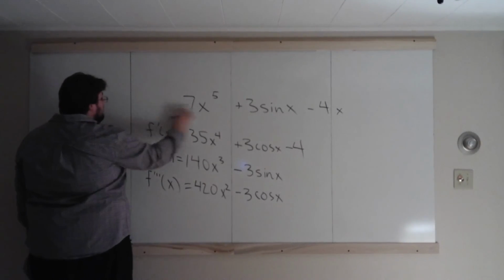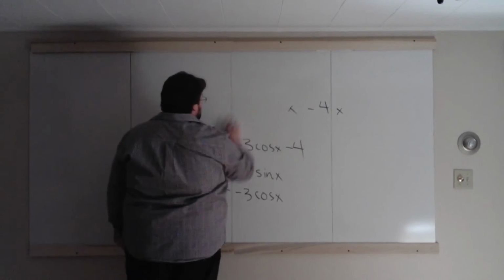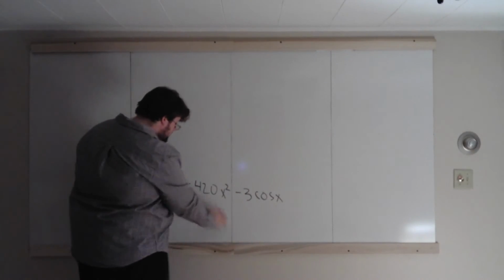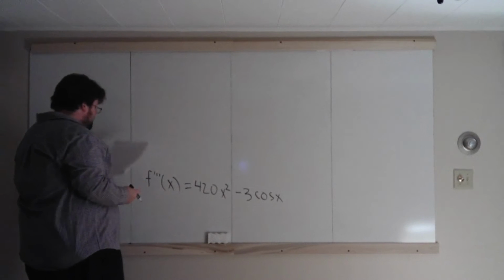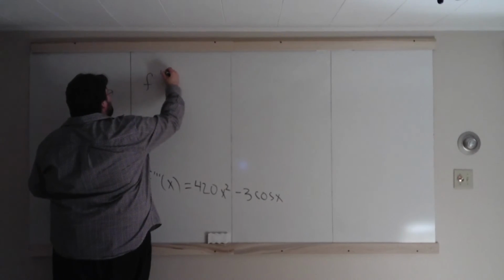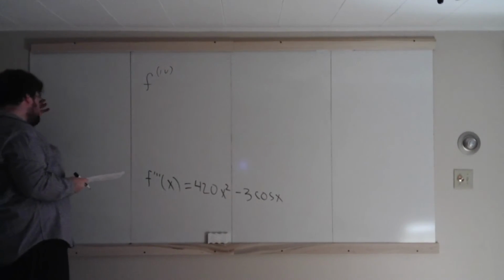I'm going to go up here. In your notes, if you're taking notes, you might want to go down for the next couple. I'm going to go up because I don't want to write on the walls. Fourth derivative, I'm going to write it like that. That's a relatively standard notation.